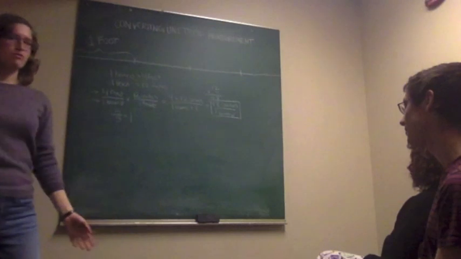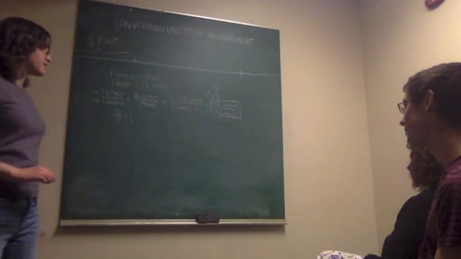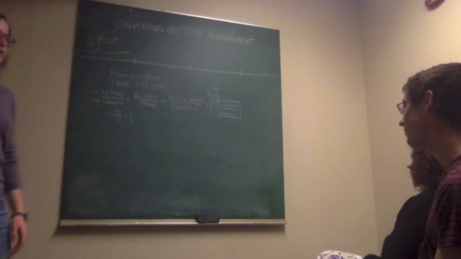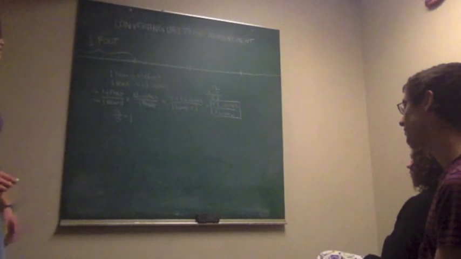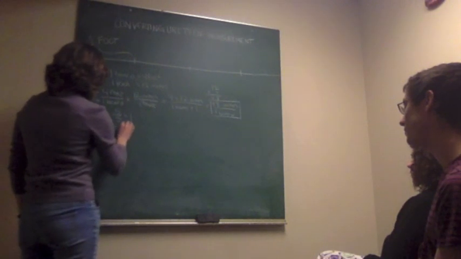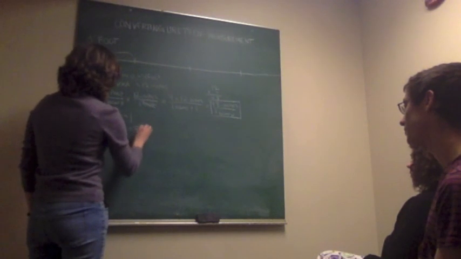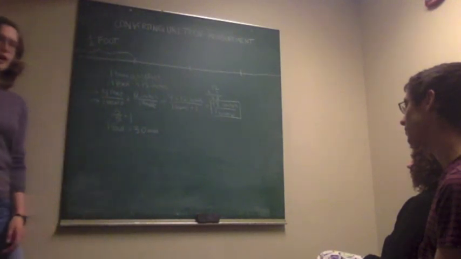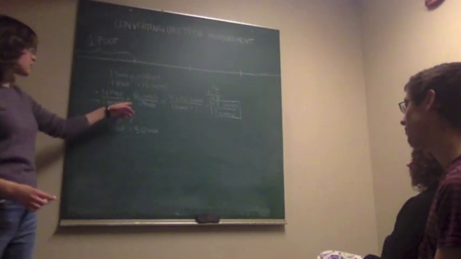And so we can do this for any number of different units. So for example, we could do pretty much the same thing if we wanted to know how many millimeters across this board is. So we could say that 1 foot is equal to 30 millimeters. And we're going to have the same setup of fractions.